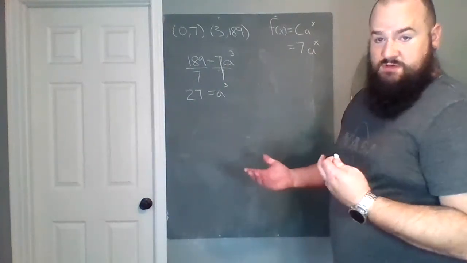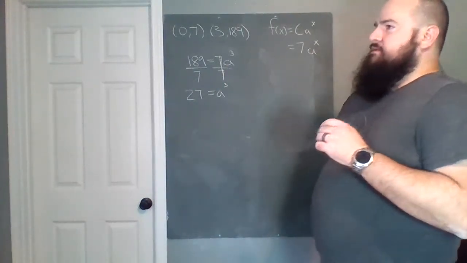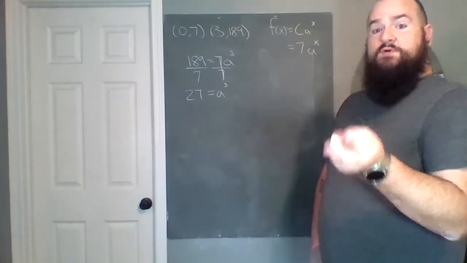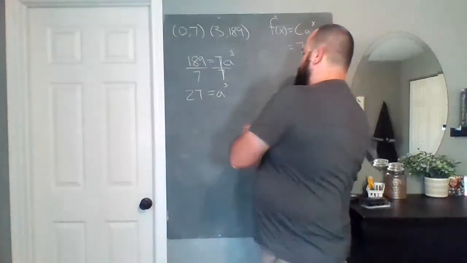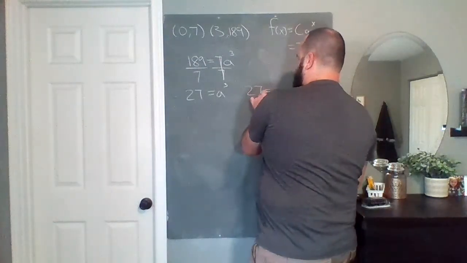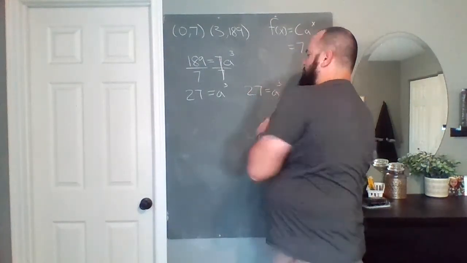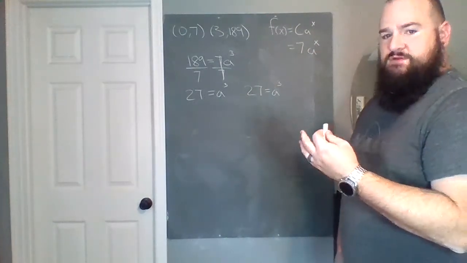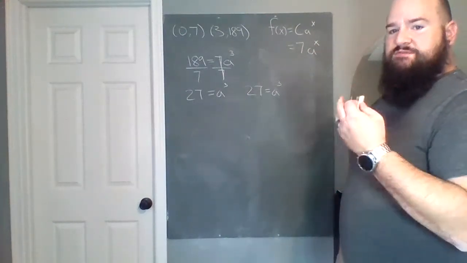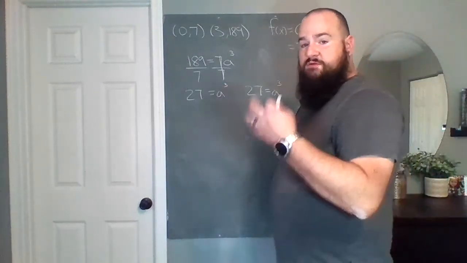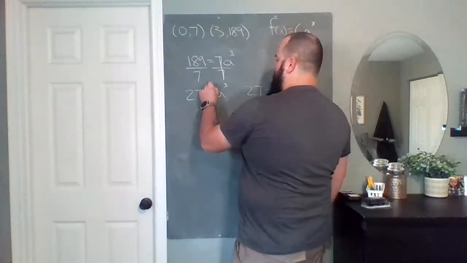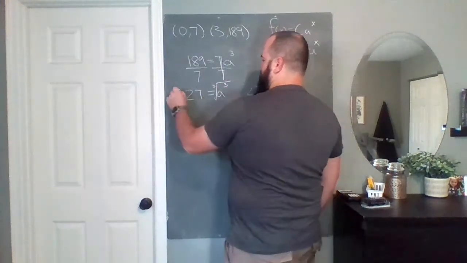That way, in case next time you don't know what to do. There's two things you can do here. Both are actually the exact same thing. So I'm going to write this a separate times on the side. So both of these two things that I'm going to do are really just doing the exact same thing, just in different forms. So one of the options, because I have a cubed, to get rid of that cubed, I could cube root both sides.